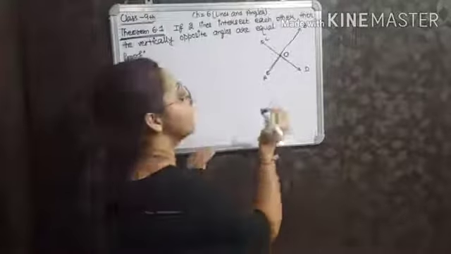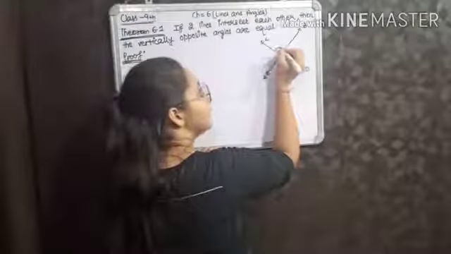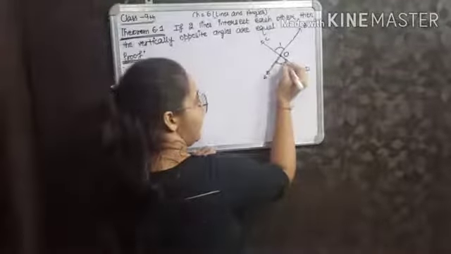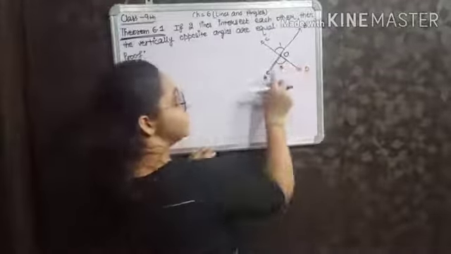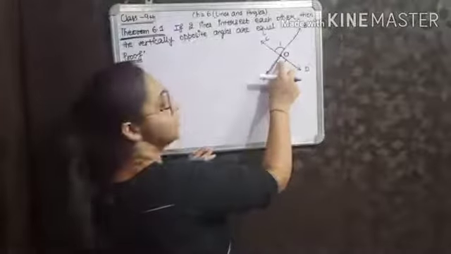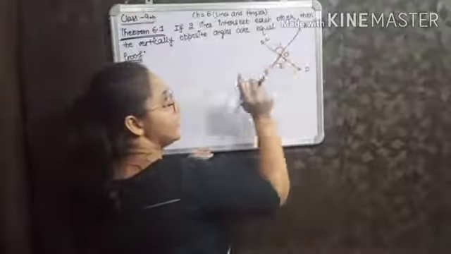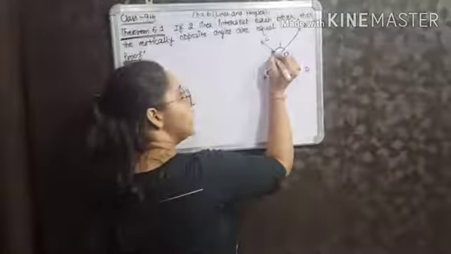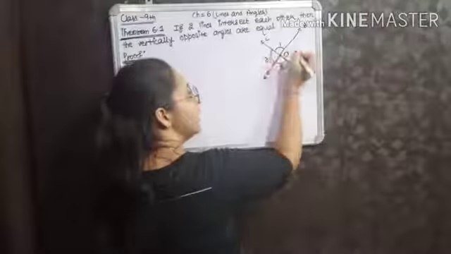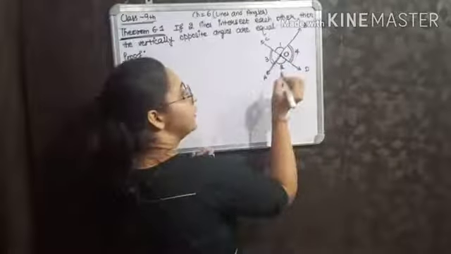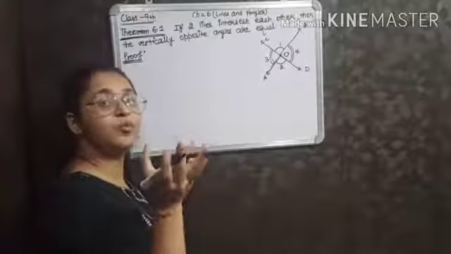Now what are vertically opposite angles? This angle I name as angle 1, and this one angle 2. This is a vertically opposite pair. So according to the theorem, angle 1 is equal to angle 2 and angle 3 is equal to angle 4. Now our task is to prove this.